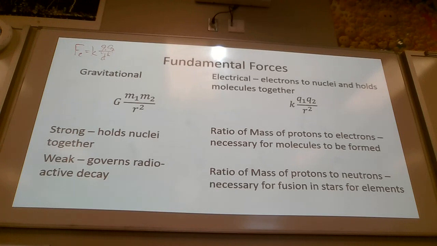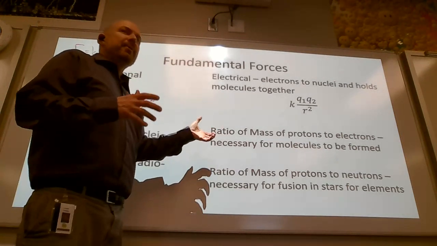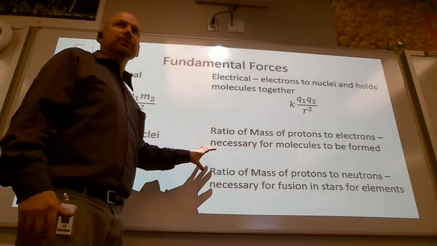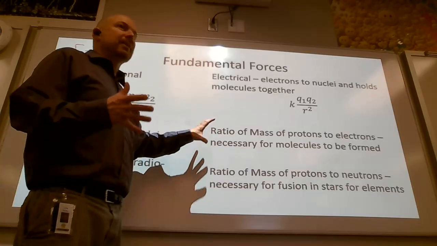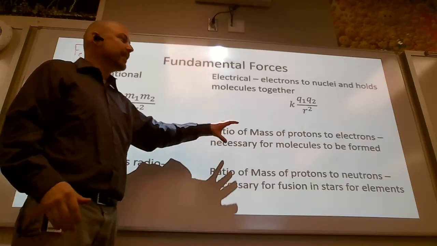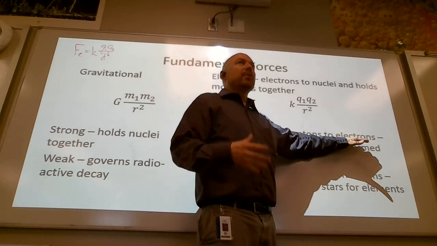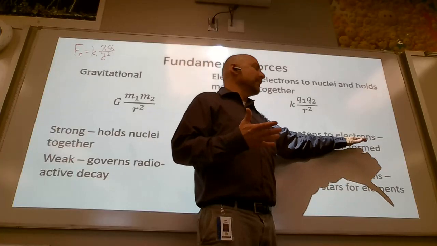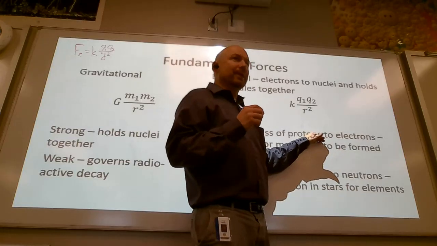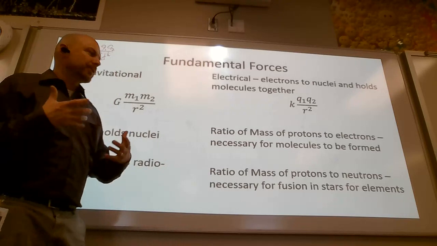There are some other details for forming molecules and atoms that have to be just so or life doesn't exist. Like the mass: the percentage of mass that electrons have in the atom is super tiny compared to protons. If this wasn't so, molecules wouldn't work.